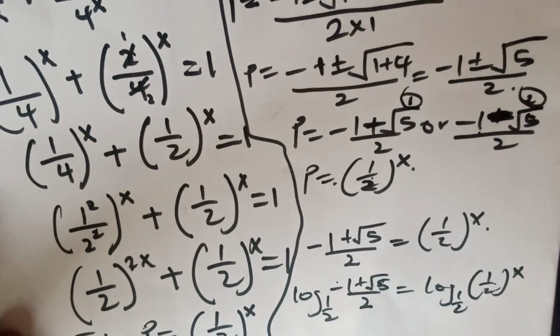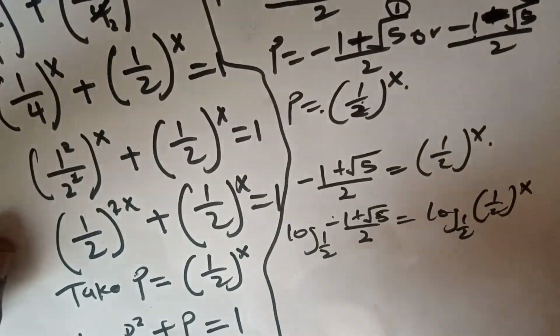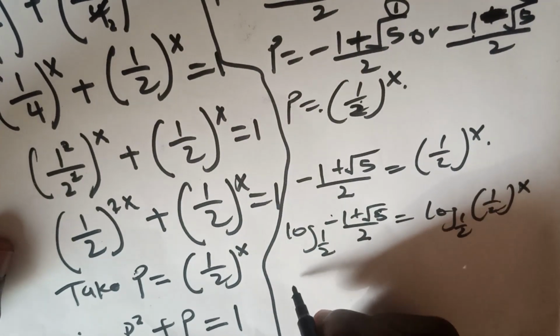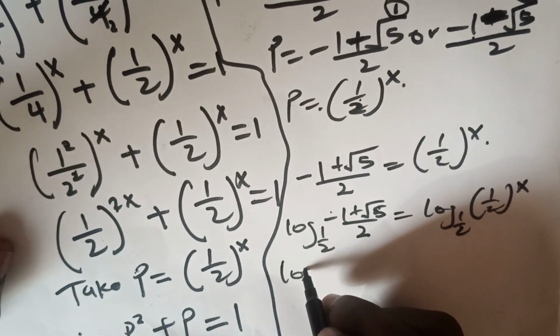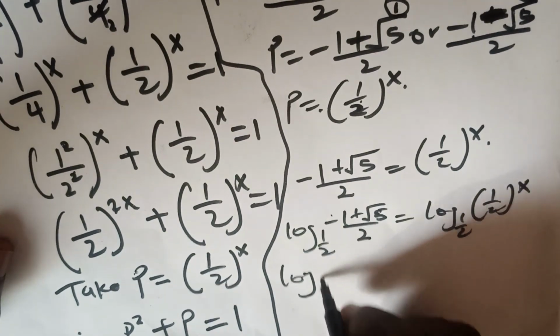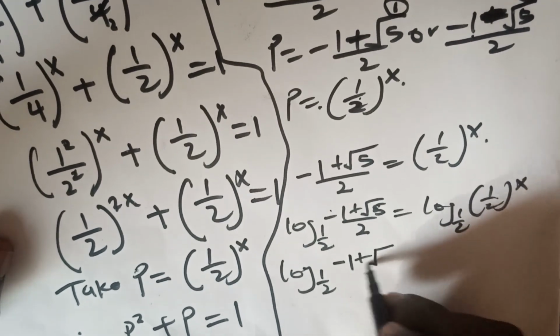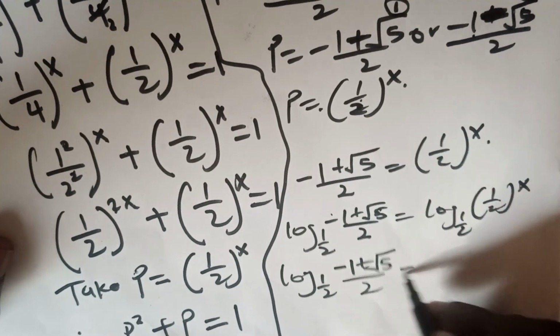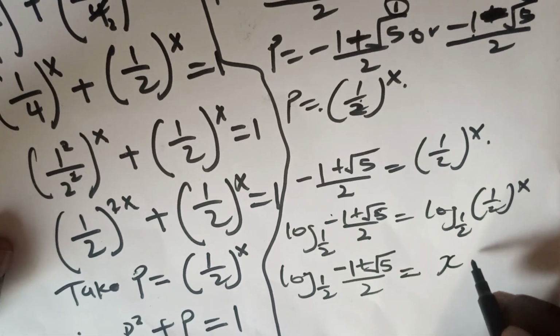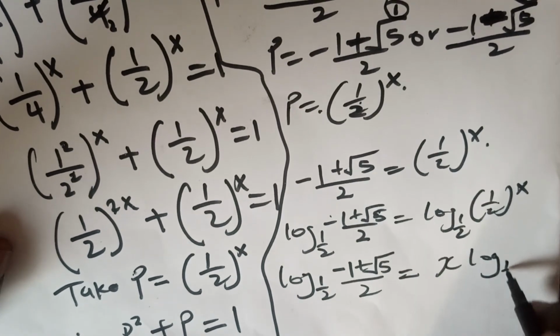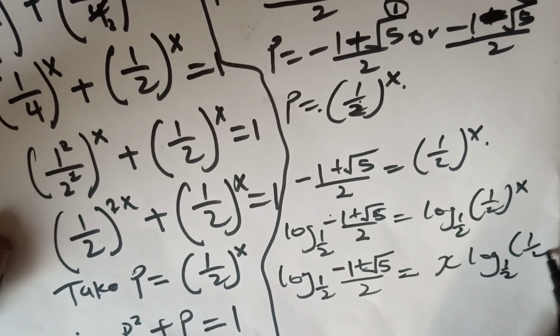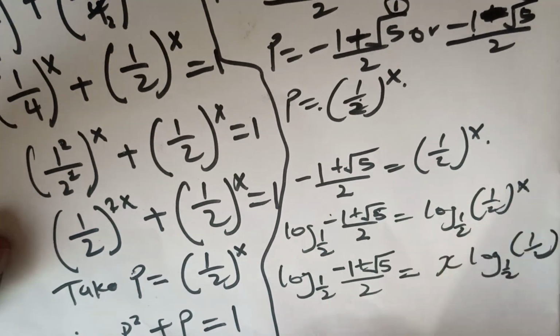We can simply rewrite it as x times log base 1/2 of 1/2, because this power will be coming to the front.